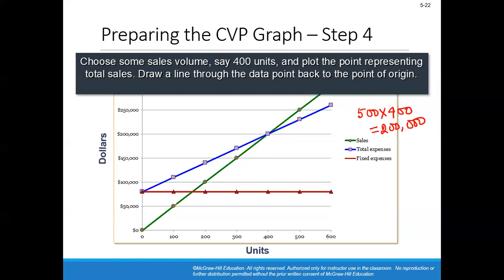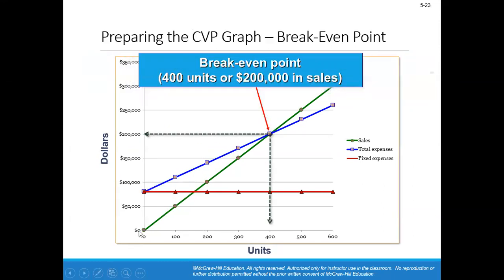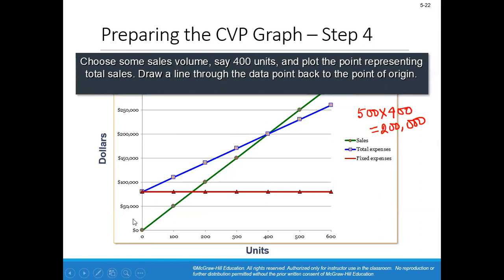So we can find out two dots. One is here, 0 to 0, because at 0 unit sale, we have 0 sales value. And for 400 units, we have 200 sales value. Now, if we connect this dot and this dot by a single line, this green line, we get this green straight line.